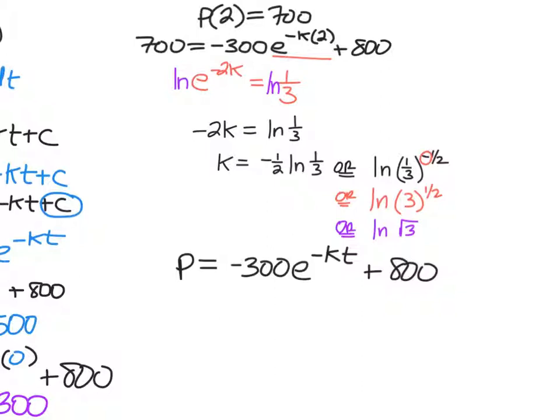So if I replace the k with a natural log of 3, and the reason why I would say this one is because it's the simplest one, but also I want to get to a point where I can actually use the fact that I have an e and a natural log to my advantage, meaning the e and the natural log would cancel each other out, right? So I want to have the simplest form involving a natural log that would allow that to happen, right?